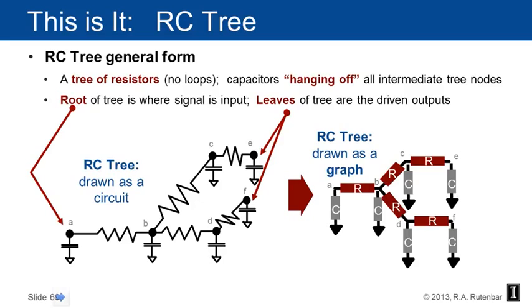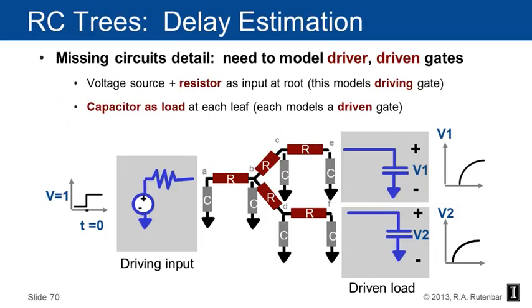So this looks a little less like a circuit and a little more like a graph, if that makes you feel more comfortable. There's two missing pieces of detail on the circuit side, which is that you have to model the driver and you have to model the driven gate. The thing in the middle of this diagram, with A, B, C, D, E, F nodes, resistors and capacitors, that's the wire.